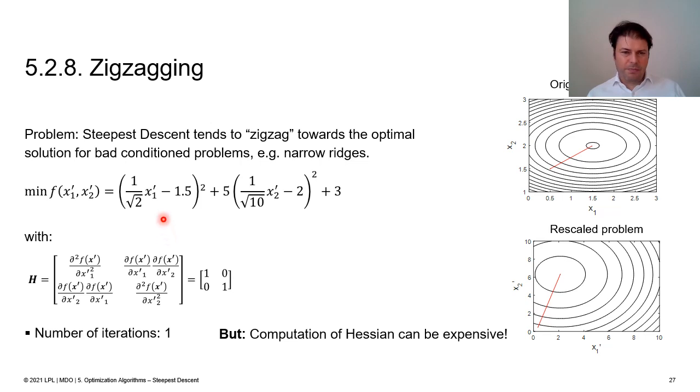So here would be an appropriate coordinate transformation that will allow you to express f in terms of x1 prime and x2 prime. And the Hessian now is simply the identity matrix.